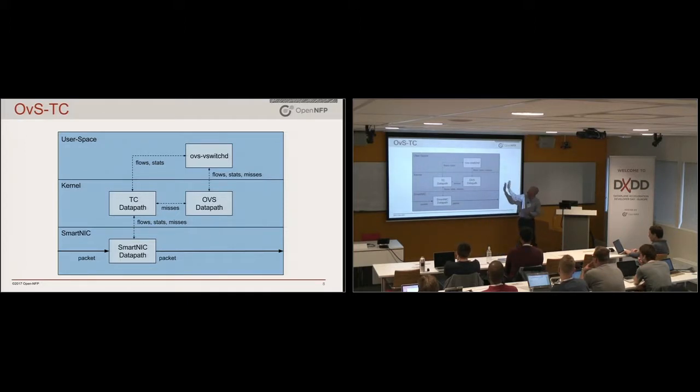So we have 2 different sets of control paths here. We have one that goes between user space and OVS data path, and one between vSwitch D and the TC data path. So in a sense, the TC data path is used for controlling the hardware, and the OVS data path is the existing software mechanism. This somewhat more complicated model, so we've gone all the way to 3 data paths now.